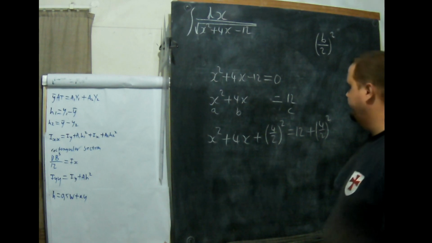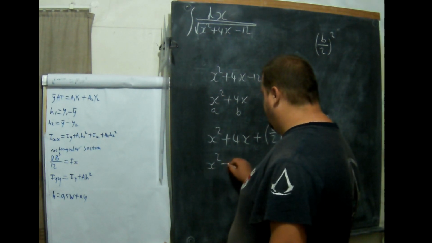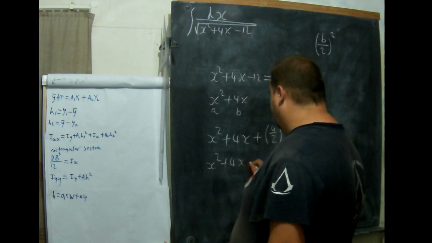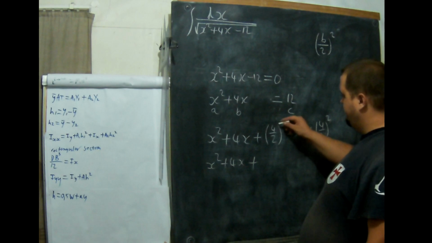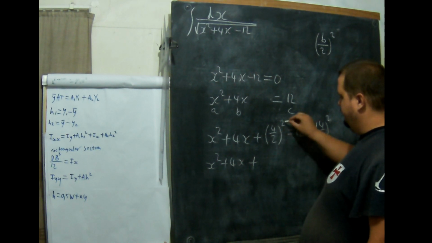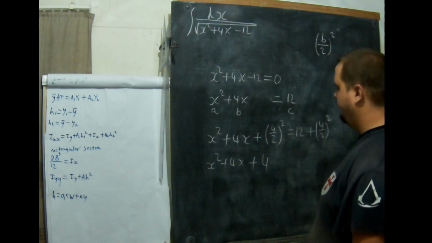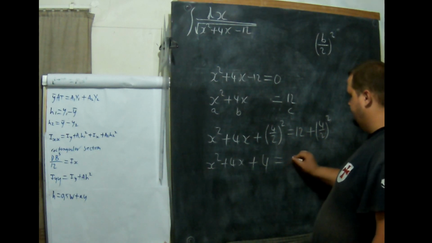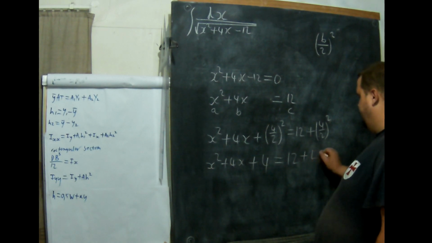Now we have x squared plus 4x plus, now 4 over 2 is 2, 2 squared is 4, so 4 equals 12 plus 4.